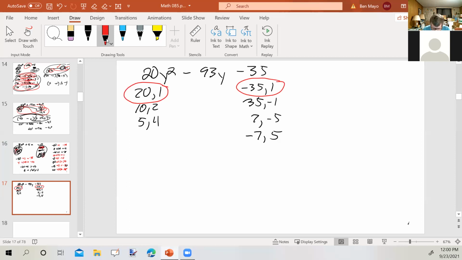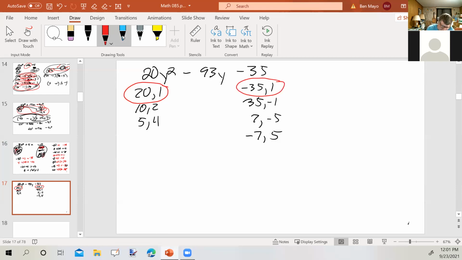Yeah, so it's negative 700 plus 1, negative 699. Switch them around. 20 times 1 is 20. 1 times negative 35 is negative 35. 20 plus negative 35 is negative 15. So the one circled on the left and the one circled on the right, those combinations aren't going to work.